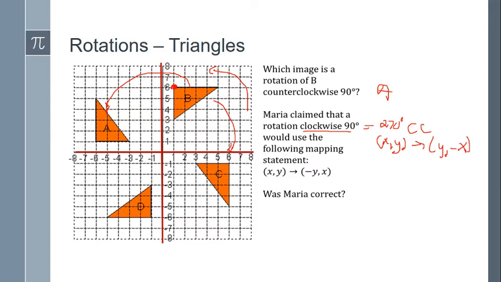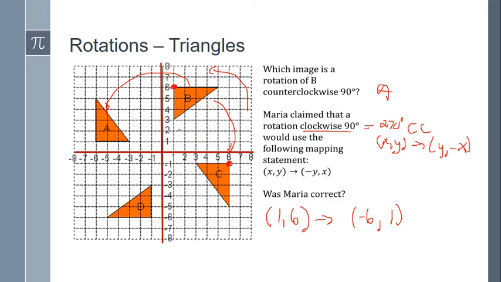I like to look at that right angle, that corner point there. It has to match up with this one, so that's pretty easy to pick out. So the coordinate here was (1, 6). According to Maria's argument, we should switch them, that would be 6 and 1, and then make that first one negative. So the new point should end up at (-6, 1).